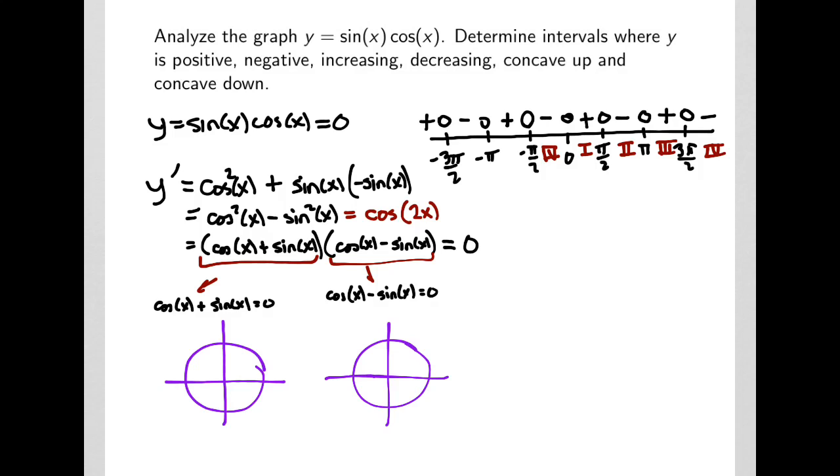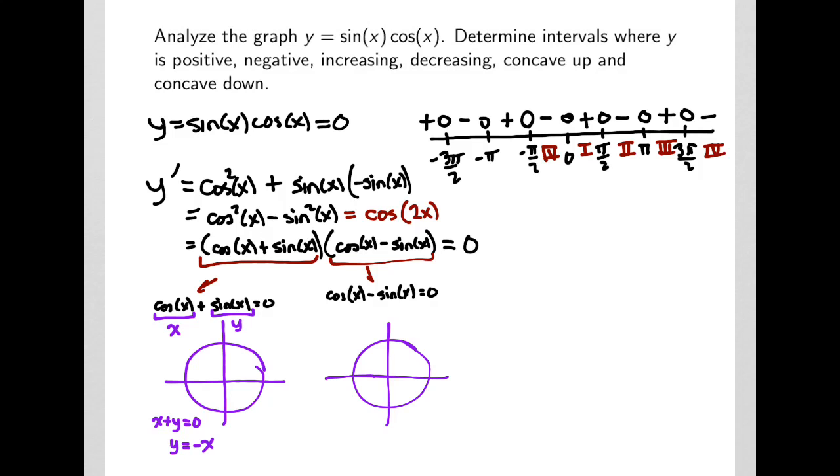But on the unit circle, the cosine is the x-coordinate and the sine is the y-coordinate. So what this says about the unit circle is that x plus y equals 0. X plus y equals 0. And if I solve for y, that tells me y equals negative x.